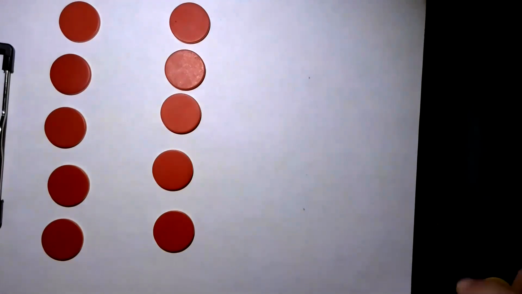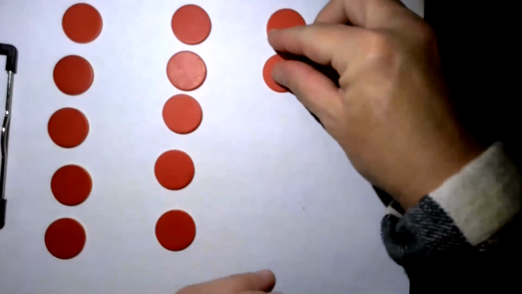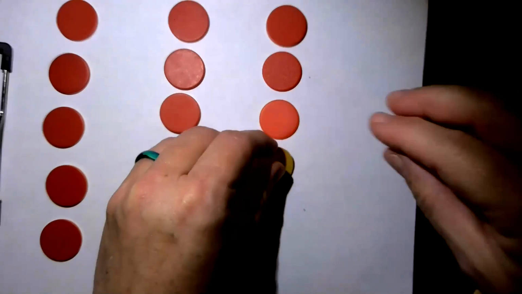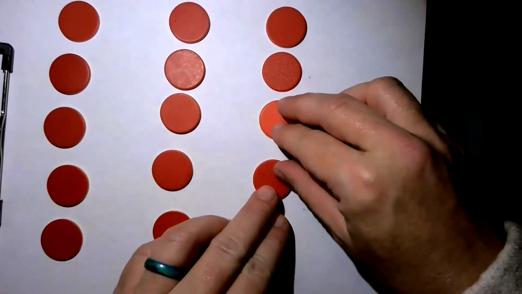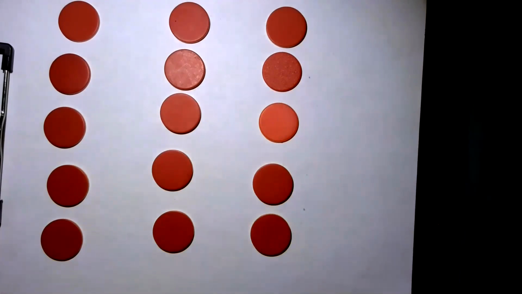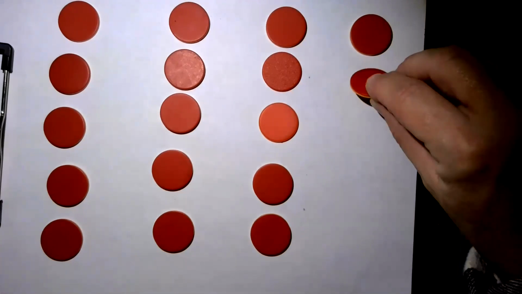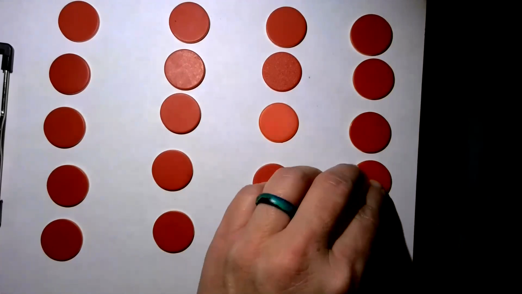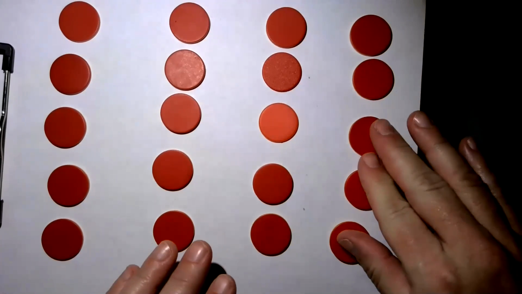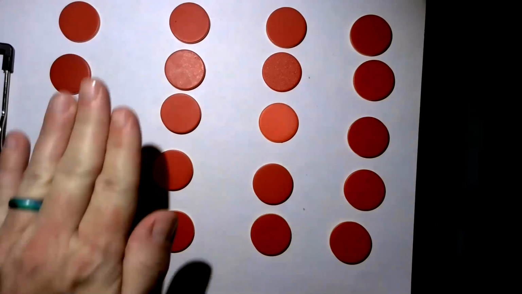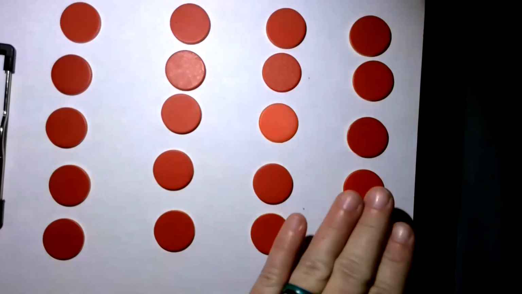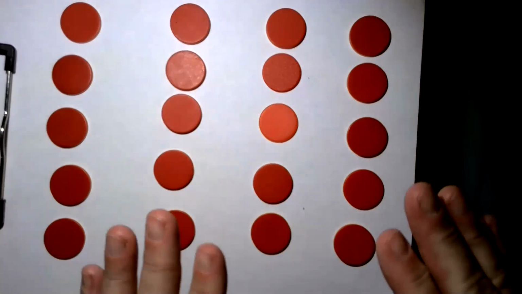There's a second group. 1, 2, 3, 4, 5. There's the third group. 4 groups of 5. One more. 1, 2, 3, 4, 5. All right. There's 4 groups. 1, 2, 3, 4. They're equal because they all have 5 in it.